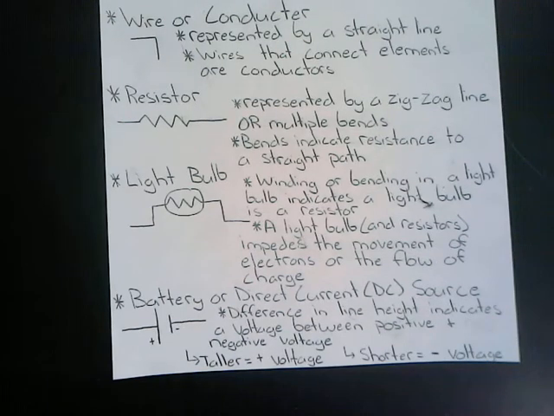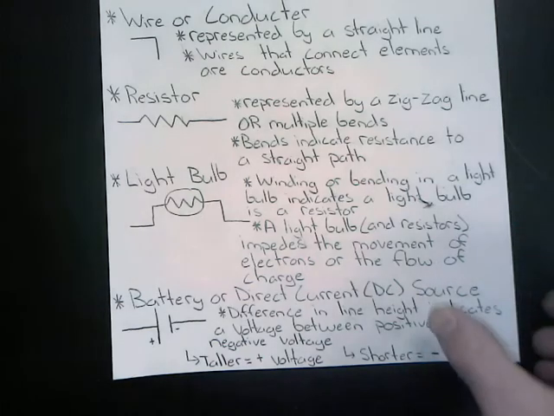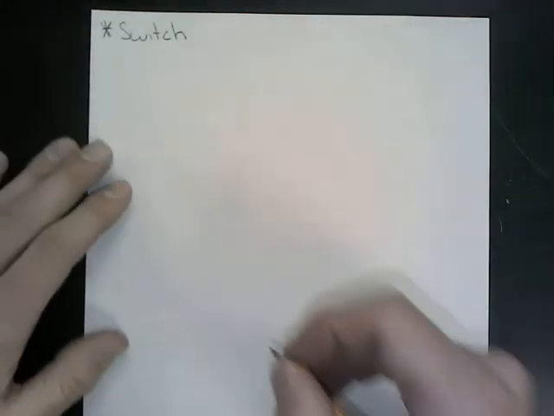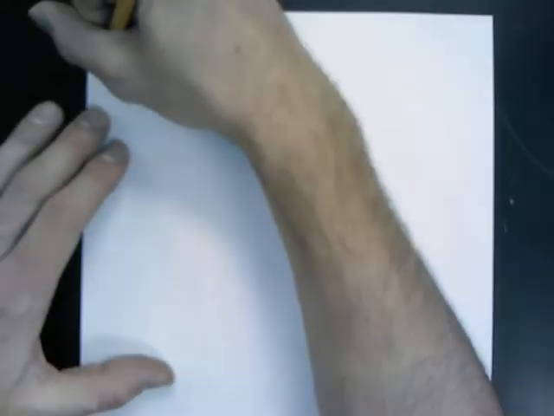Now, there's one more symbol that I would like to go over. I need a new sheet of paper here. And that symbol is one of a switch here. So I'll change papers. And our last symbol we didn't have room for is a switch. Now, a switch can be drawn two different ways.